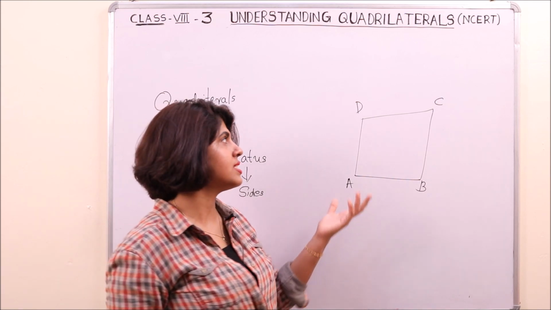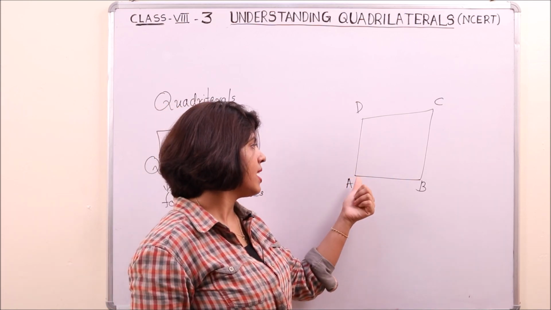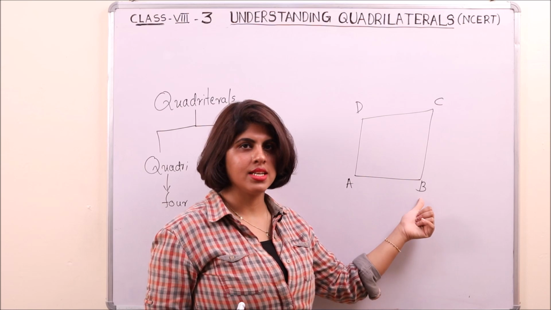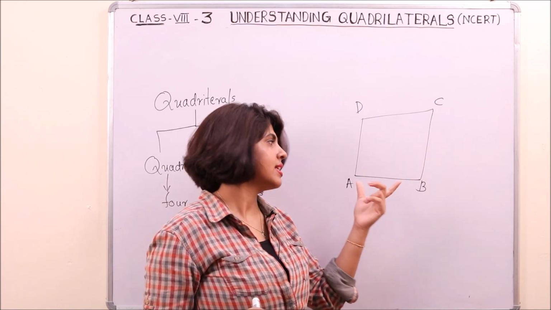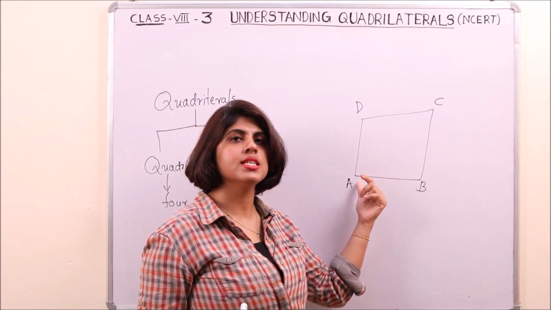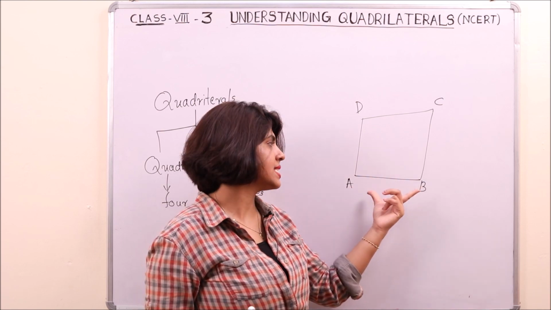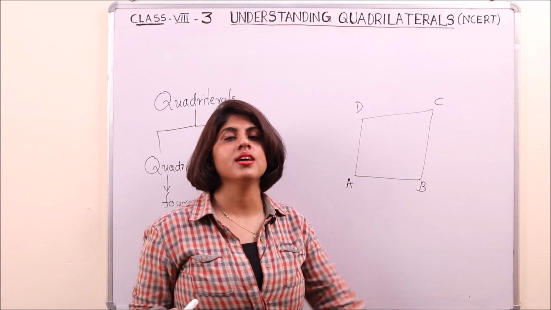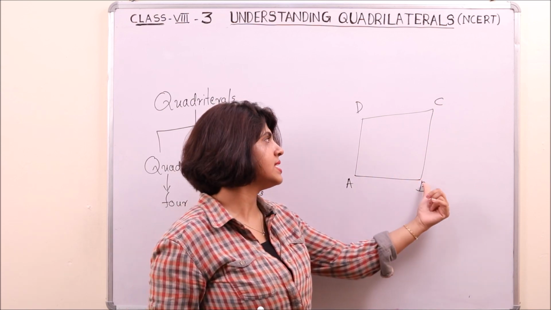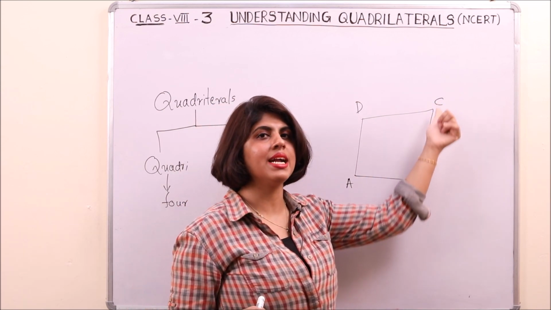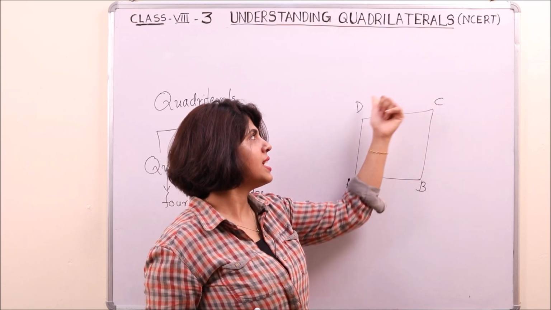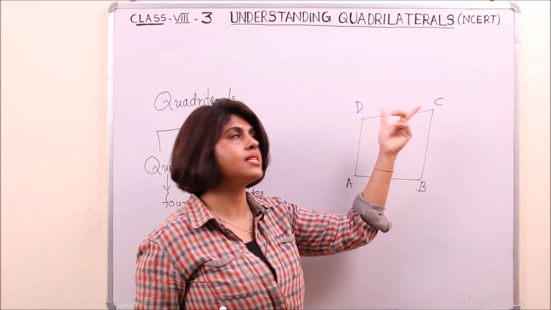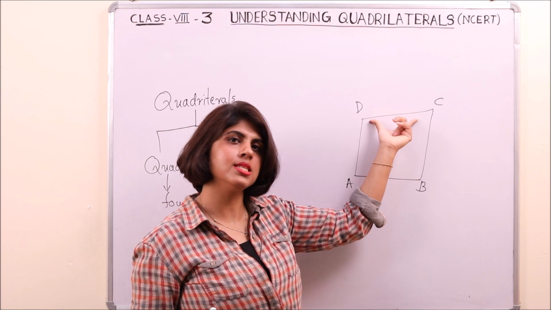And which are the adjacent vertices? Here A and B are the adjacent vertices, because these two vertices are the endpoints of the side AB, right? B and C are the adjacent vertices because they are the endpoints of the side BC. C and D are the adjacent vertices, the endpoints of side CD.